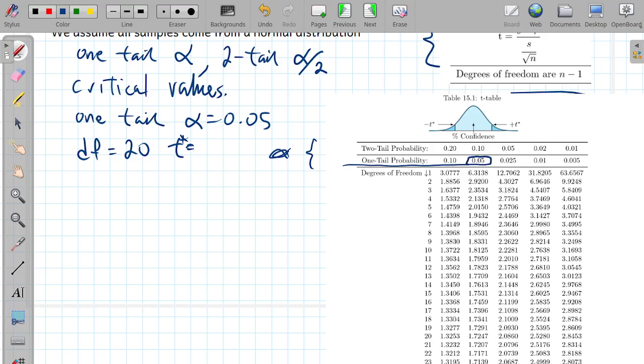Alpha is 5%. We're on row 20. So the test critical number is 1.725. Critical numbers are interpreted in an opposite manner from p-values.